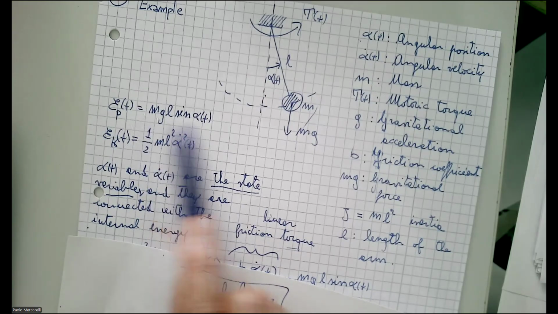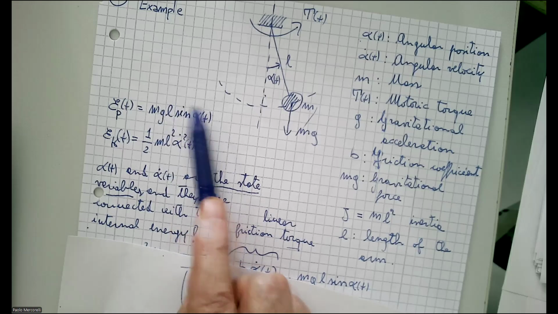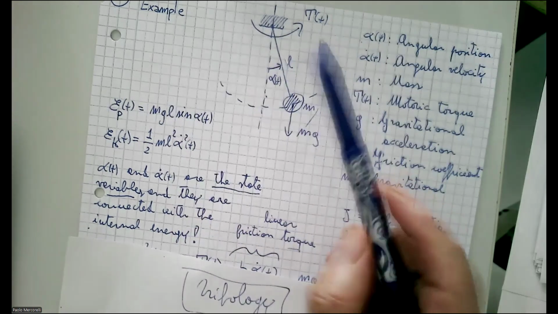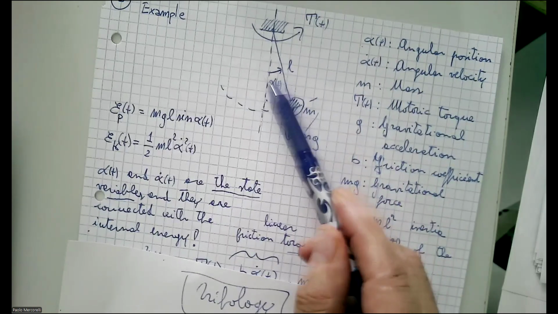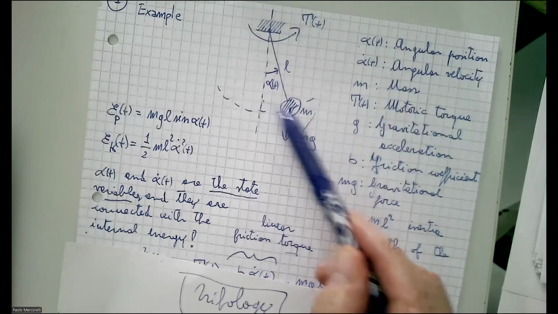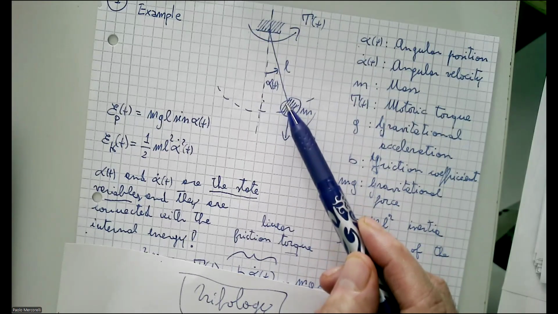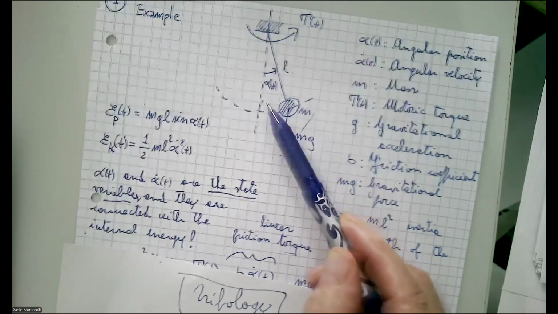Do you remember mg multiplied by the level? No? Yeah, exactly, the level. You are better than me in mathematics, I am sure. L multiplied by sine of this somehow represents this distance, if I remember well.